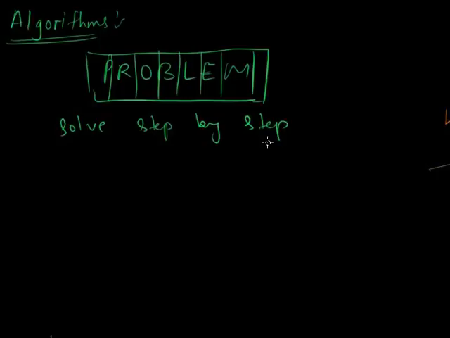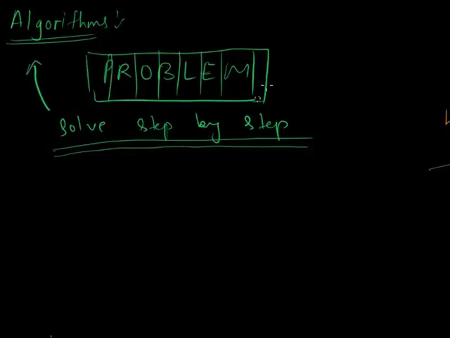And this step by step solution of a problem is nothing but an algorithm. So let me repeat it again. An algorithm is nothing but a step-by-step solution for a problem. It is not a program, it is just a step-by-step solution of a problem.